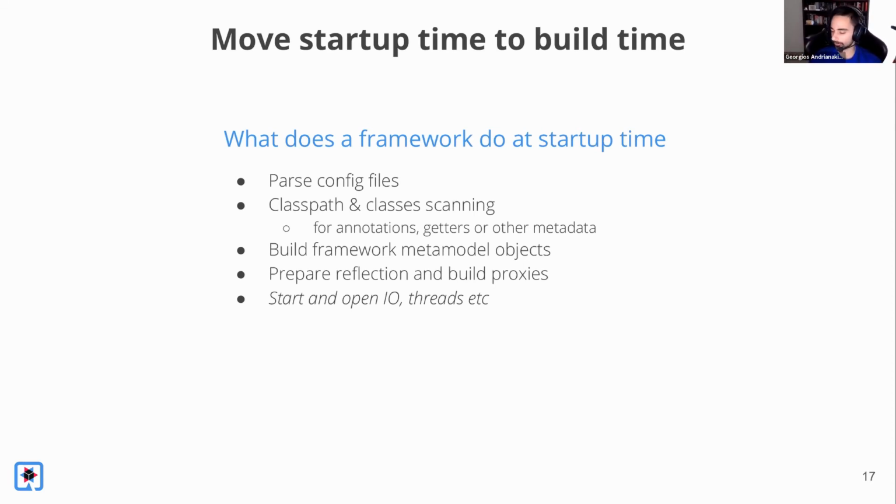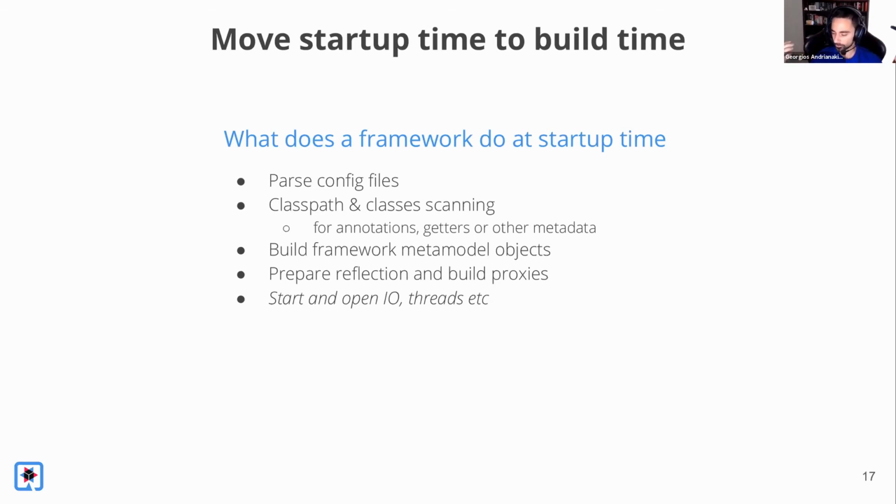We scan the class path so we can scan all the annotations. We can generate all this extra metadata and meta model objects and classes that are needed in order for these frameworks like Hibernate or RESTEasy, all the extra information that is needed for these frameworks to work properly at runtime. Quarkus can build that information at build time because it has access to all the configuration files. It has access to all the annotation stuff like that.